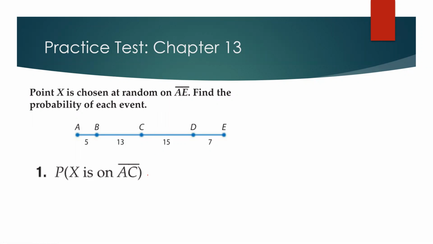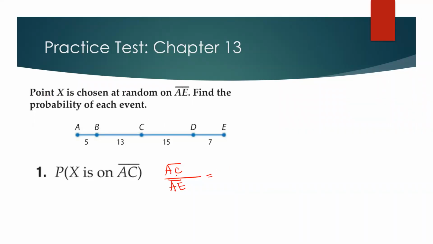We want the probability that X is on AC. So we're going to have the length of segment AC over the whole segment, which is AE.